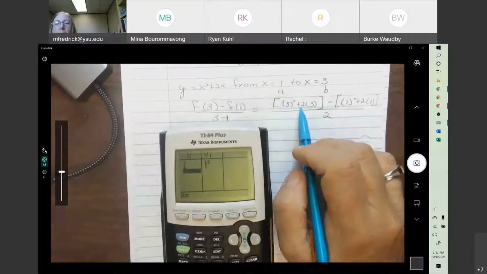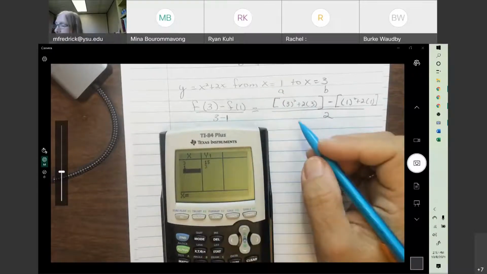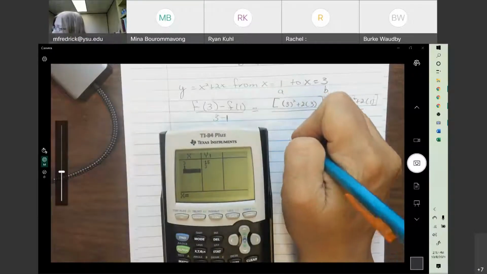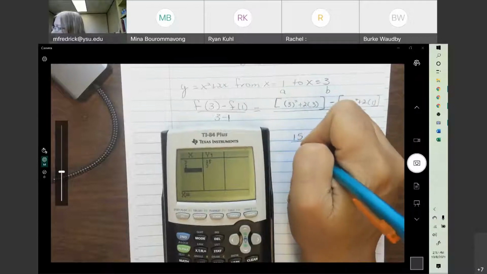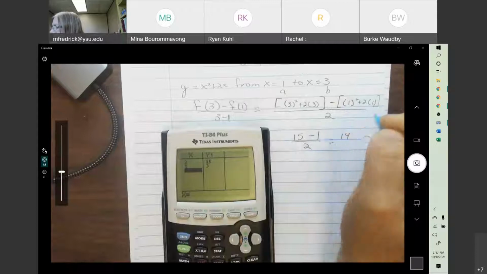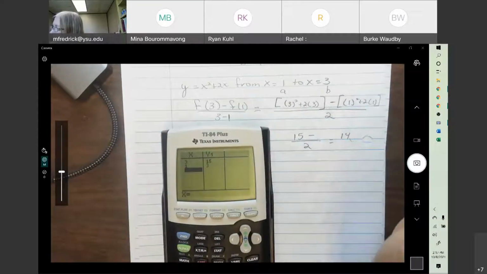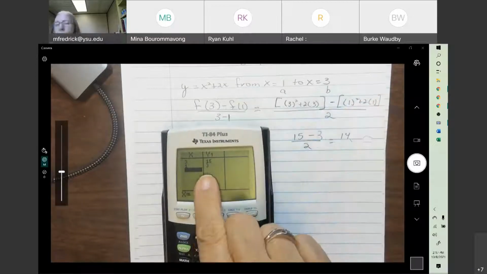But f of 3, this, is 15. So it's 15 minus 1 over 2, which is 14. Wait, 2. Whoops. This should be a 3. It's a 3.